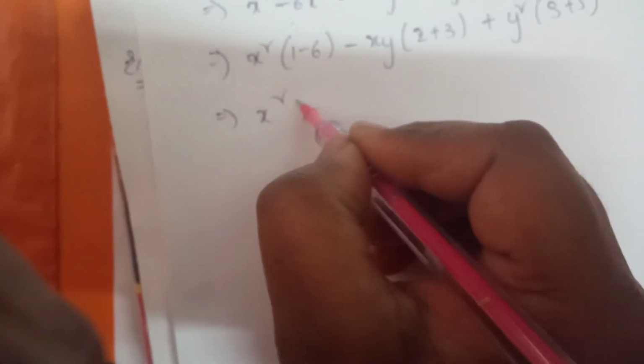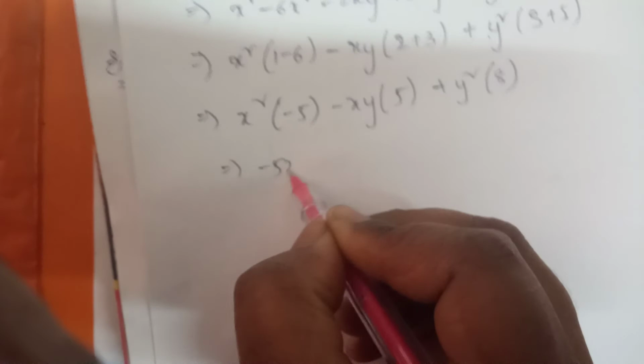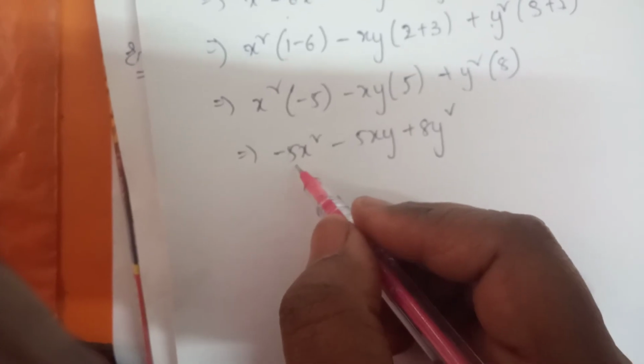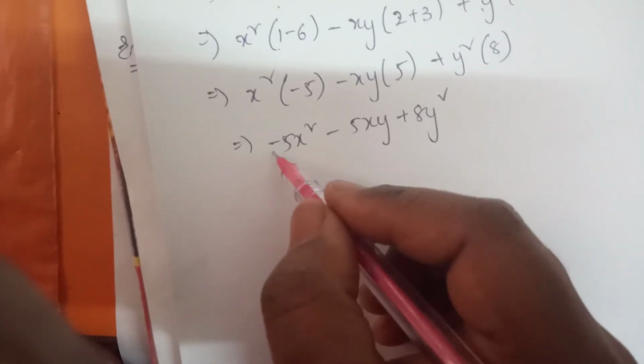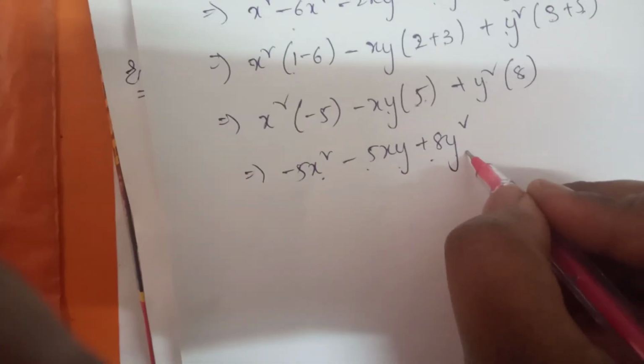So x square 1 minus 6 minus 5, xy 2 plus 3 is 5, y square 3 plus 5 is 8. We get, in the horizontal method, minus 5x square minus 5xy plus 8y square. Did you understand, girls and boys?